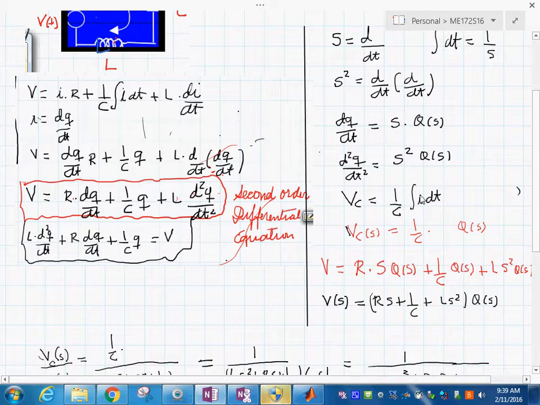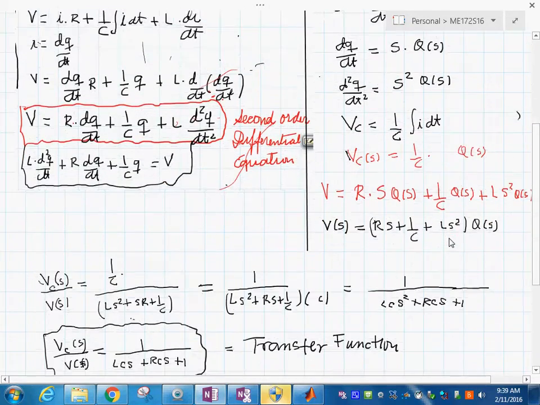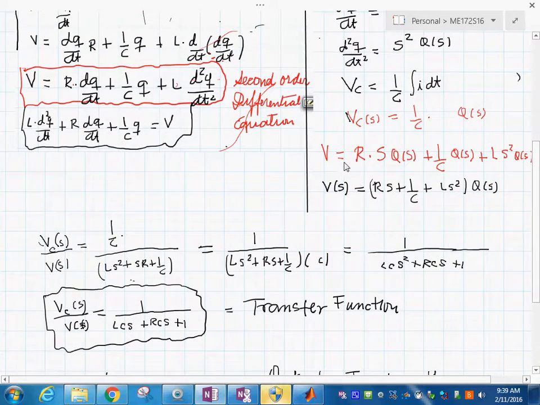Then we replace the voltage in terms of the s variable, like this. We factor Q(s) out, and we have an expression for the voltage V(s) related to the charge.